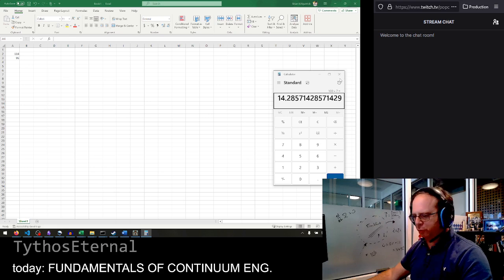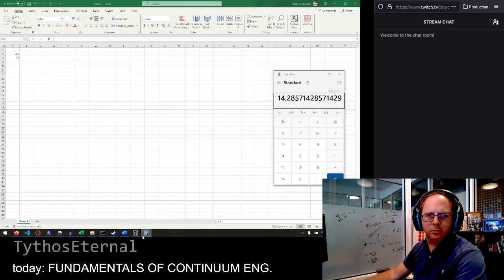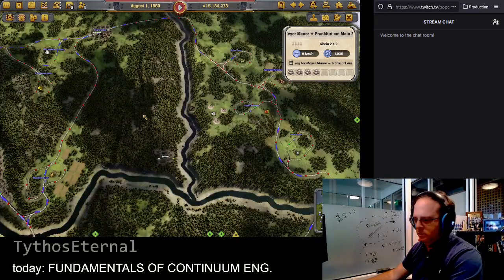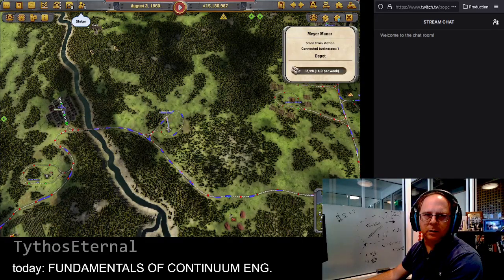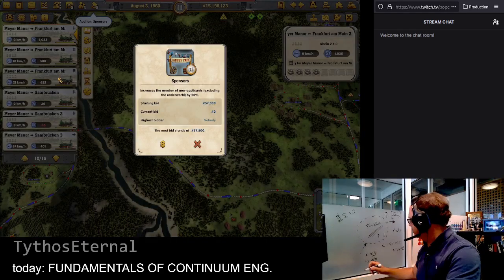So 14 weeks per trip. Or line. And we have 1, 2, 3, 4 lines.